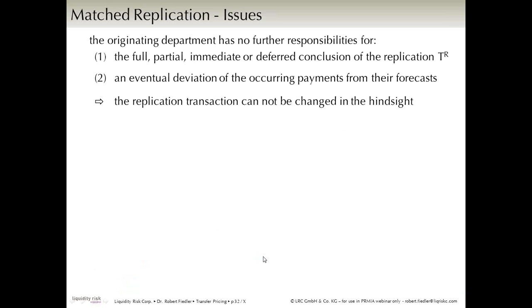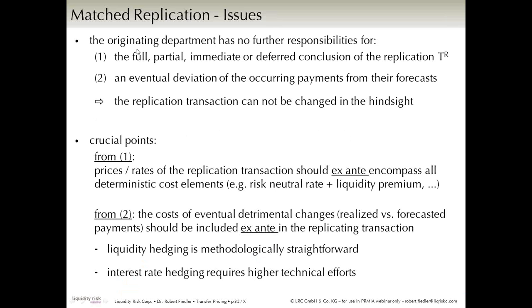What are the issues? The originating department has no further responsibility for the replication. An eventual deviation of the occurring payments from their forecasts is very important, because the replication transaction cannot be changed in hindsight. The crucial point is then that, from number one, the prices of the replication transaction rates should beforehand encompass all deterministic cost elements to be correct.